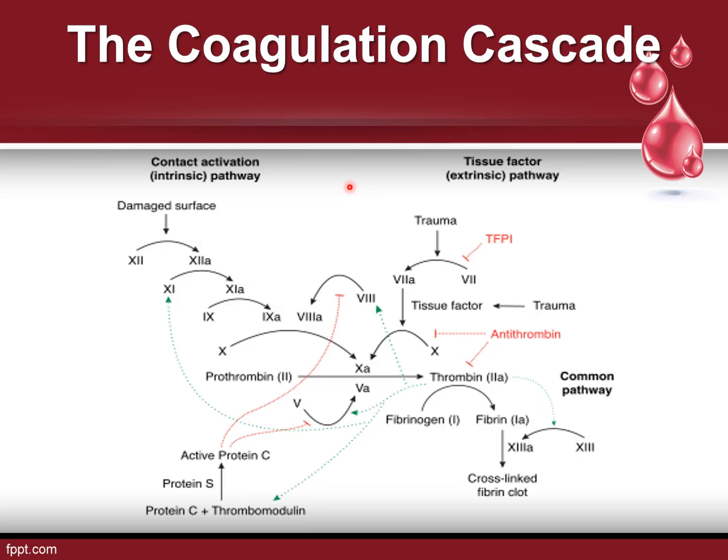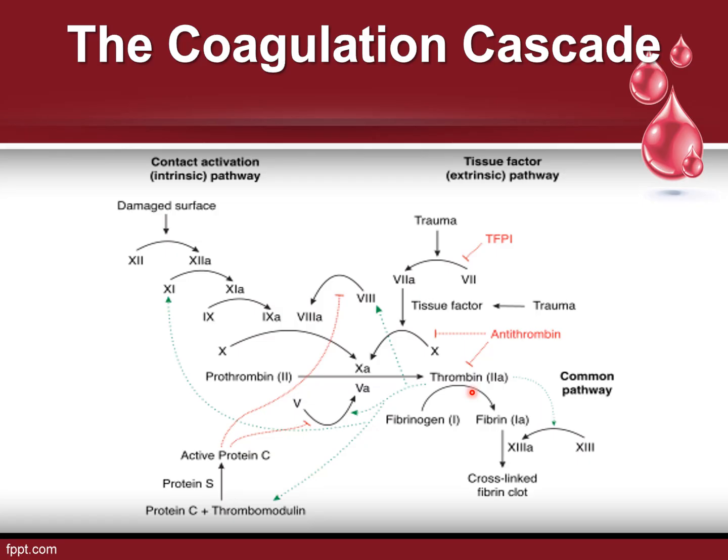Back to the coagulation cascade, as we said previously, a series of biochemical reactions leading to the formation of a blood clot. The formation of the prothrombin activator complex by the extrinsic and intrinsic pathways leads to the activation of the common pathway, as we see here. This reaction leads to the activation of clotting factor 2, prothrombin, into thrombin.